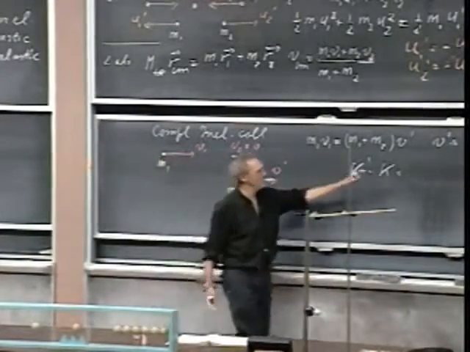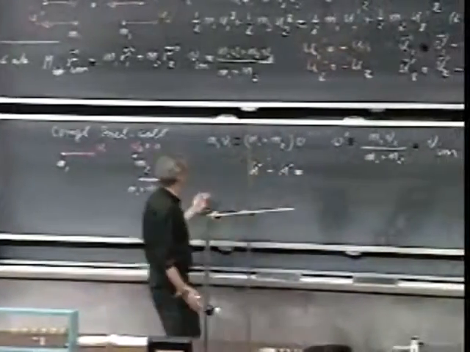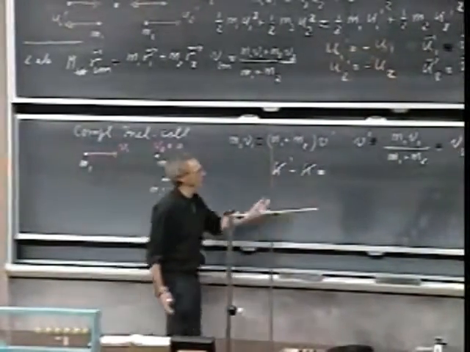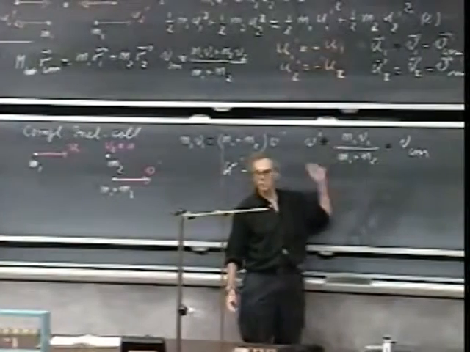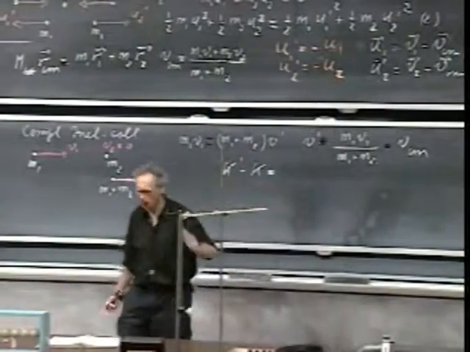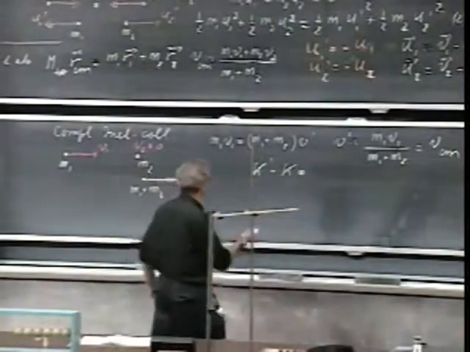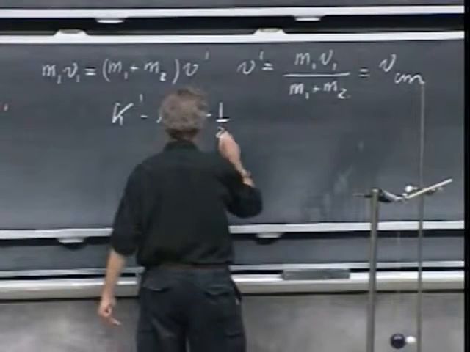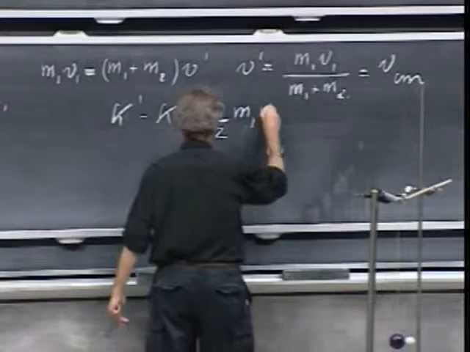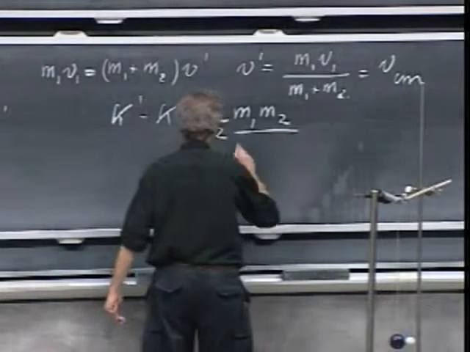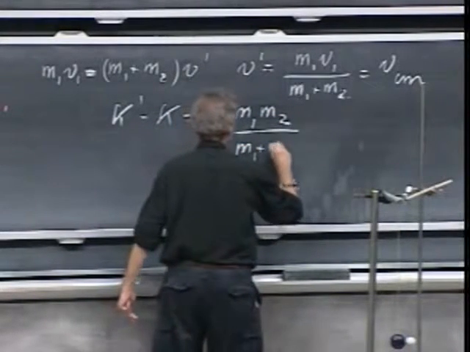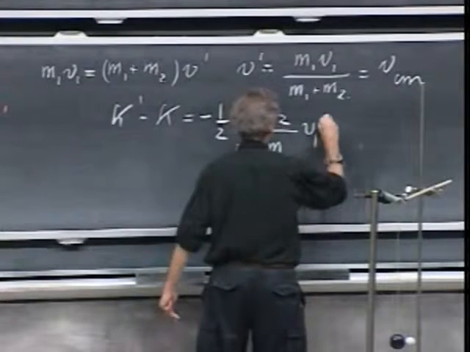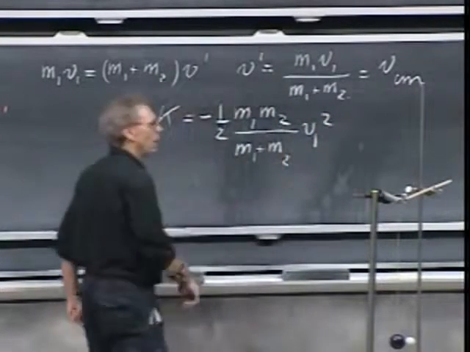I calculated v prime, and so you have to take half this mass, multiply it by this velocity squared. I'm sure you can do that, and you will see that this equals, after massaging the algebra a little bit, minus 1/2 m1 m2 divided by m1 plus m2 times v1 squared. That's what you will find.